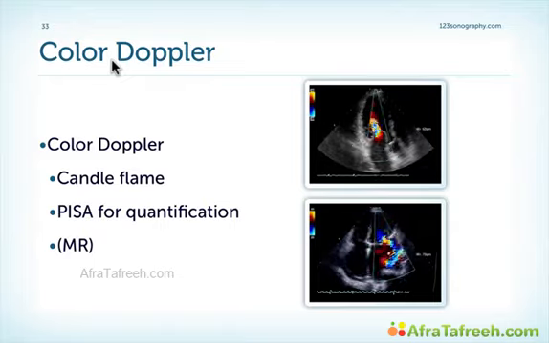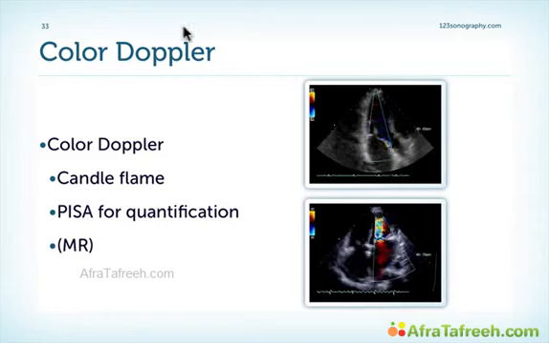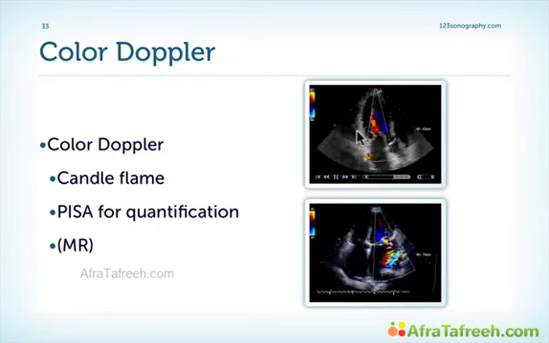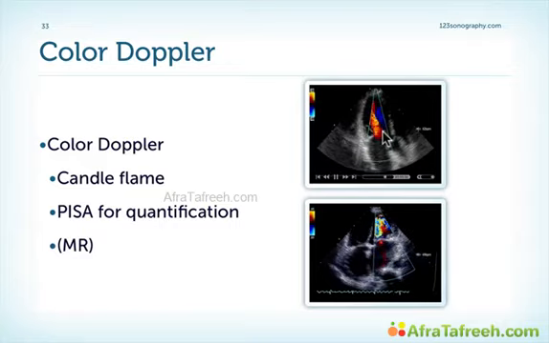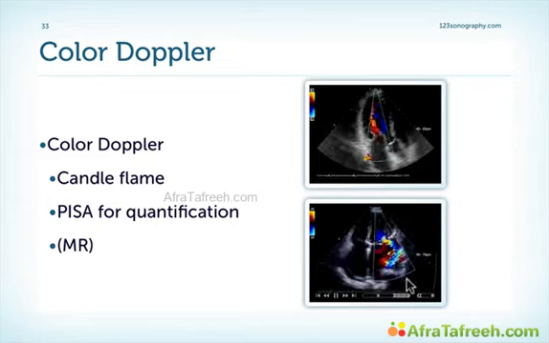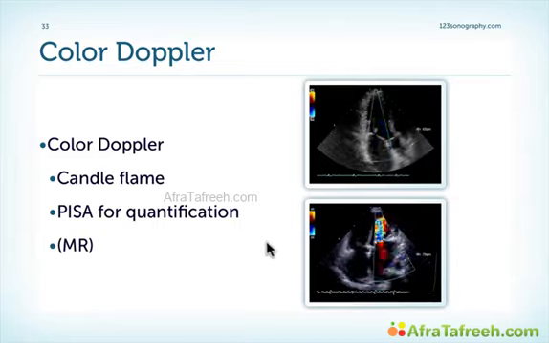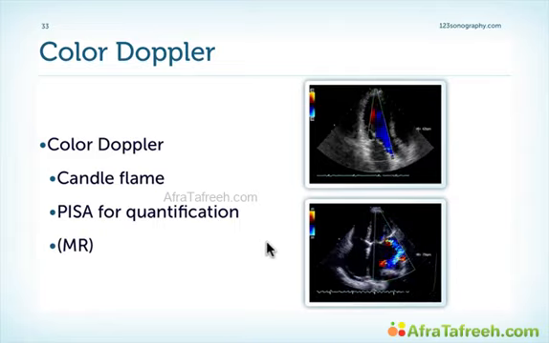The color Doppler signal is not only helpful in the detection of mitral stenosis, you can actually use it also for the quantification of the severity. If you have severe mitral stenosis, you will have a lot of flow convergence in the proximal region, here in the area of the mitral valve, opposed to patients who only have mild mitral stenosis.